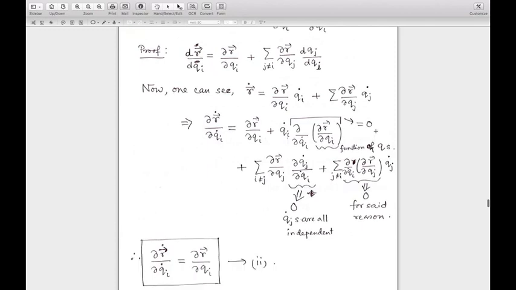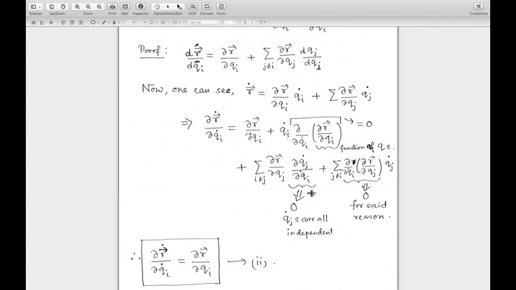If this is true, then this first term involves only qi, and this one gives all the other terms where i is not equal to j, the same type of grouping as we had here.